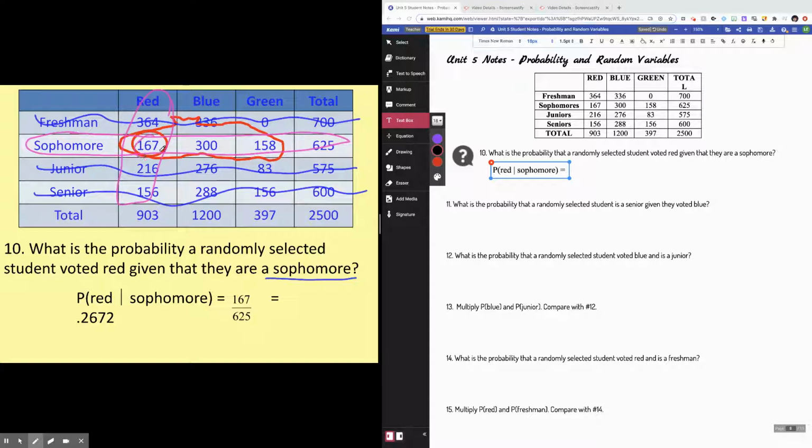The intersection of those, that's your and probability, divided by the total in the restrictor category, which is 625 in this case. So 167 divided by 625, and that actual decimal is 0.2672.